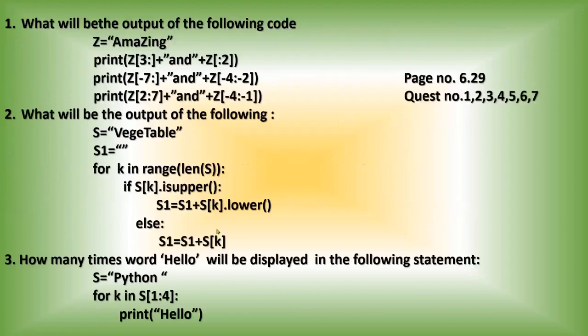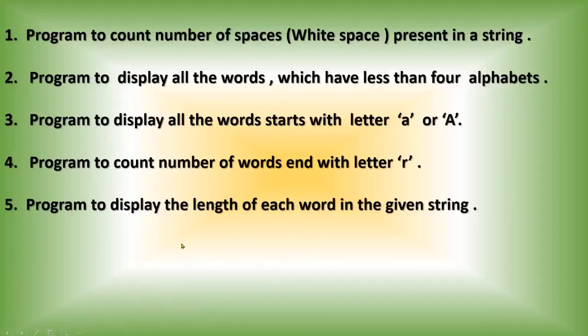Now, see the second question. The second question is this one: program to display all the words which have less than 4 characters. From the question itself you get the logic. You have to extract the words, and to extract the words, you use the split function. Then take each word and check its length.